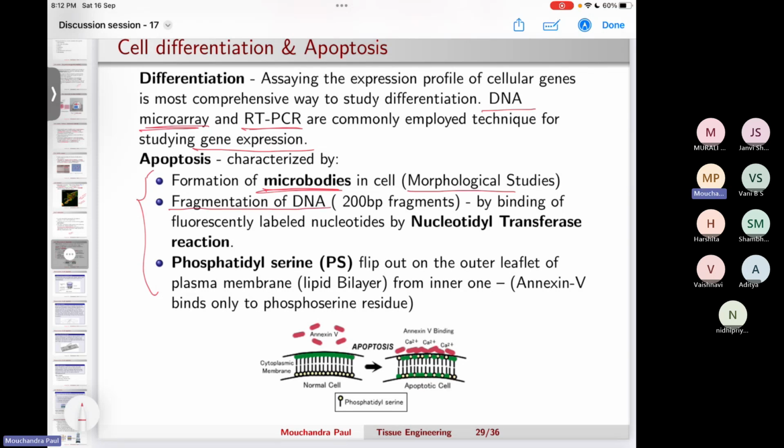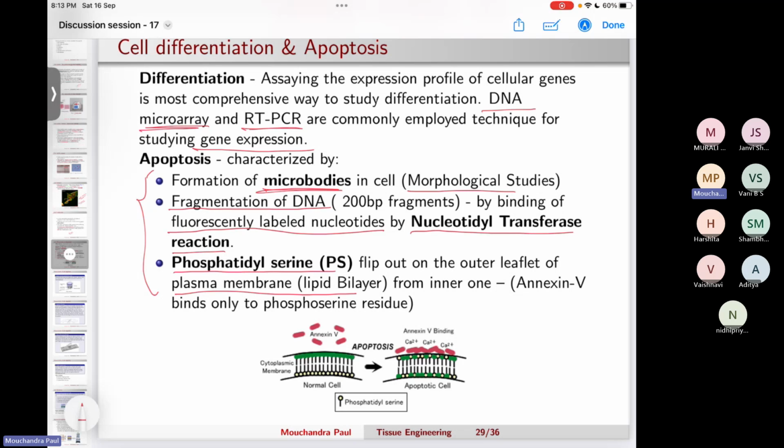Okay, so you can also fluorescently label the nucleotides by a nucleotidyl transferase reaction and see the fragmented DNA. You can do electrophoresis, etc. Or you can see the DNA fragments under a fluorescent microscope, or you can use the fact that phosphatidylserine, which is present in the lipid bilayer of the plasma membrane, flips out to the outer side from the inner side.